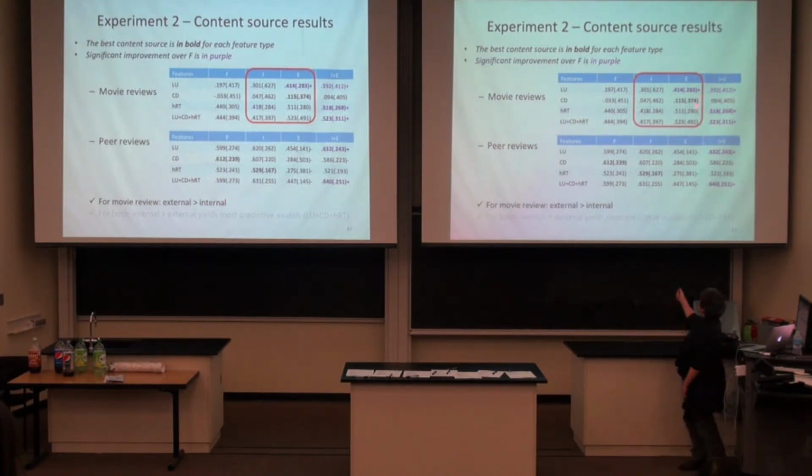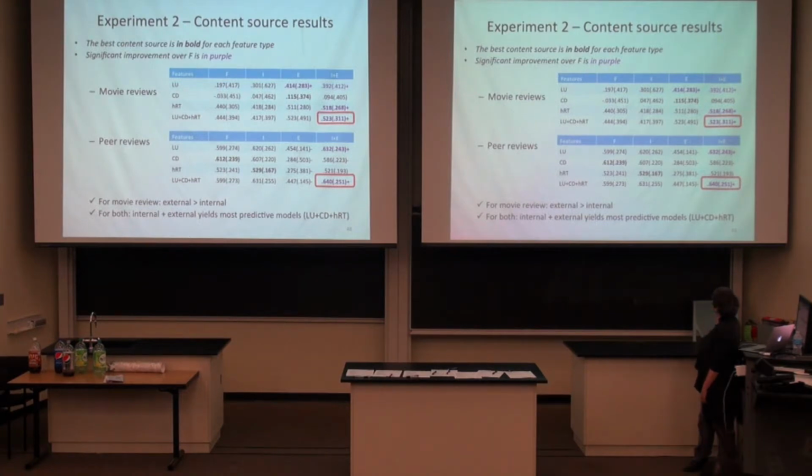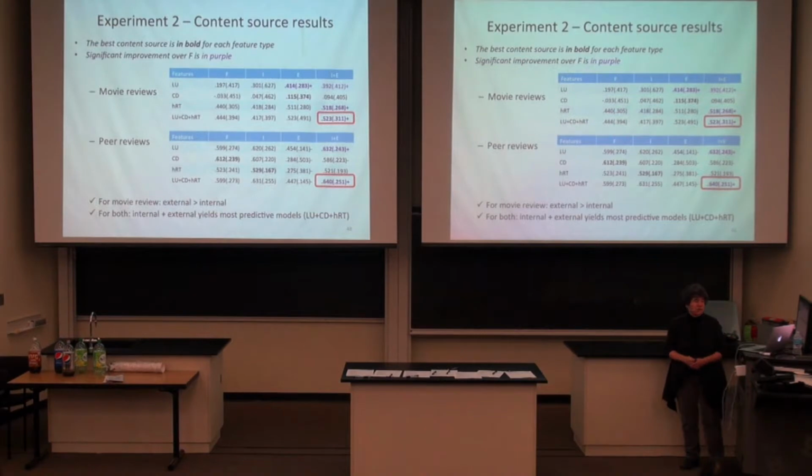While if you look then at the same columns here in the peer review, you see that this column is higher than that column, and we don't get any significant improvements compared to that. And the best results, though, for both domains are when we compute features both from internal and external separately and consider them because they have complementary information. So in here, these two cells, there are actual highest R values overall, and they're both significantly better than our original baseline.